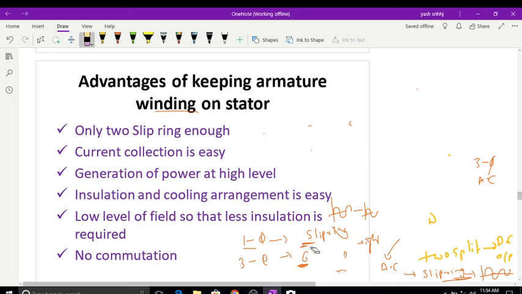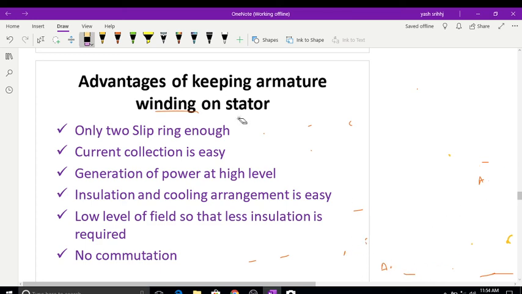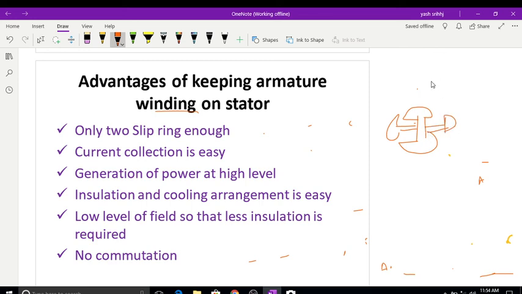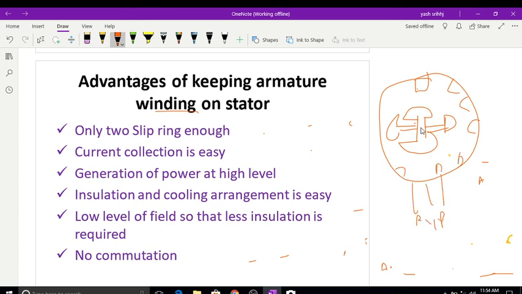If you place the armature winding on the stator, slip rings are not required for it. For example, this is the rotor of the alternator, with four poles like this. This is the stator, and in the slots the armature winding is placed, with the outside RYB phases. Whenever the rotor, north and south, rotates, it cuts the stationary conductors and produces the RYB three phases.